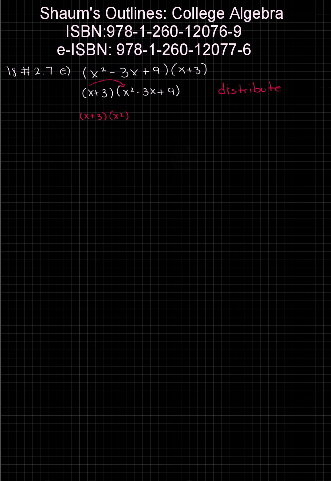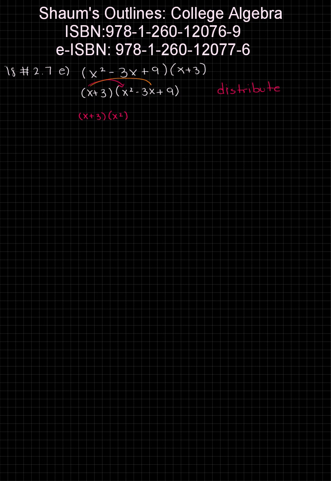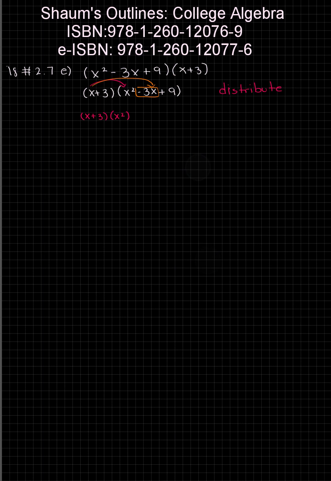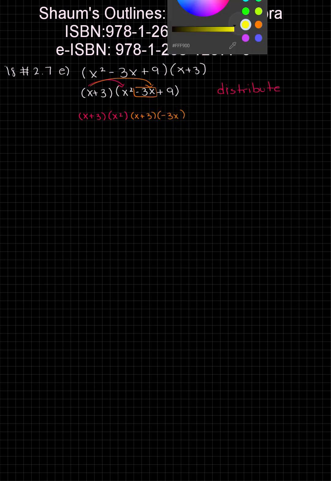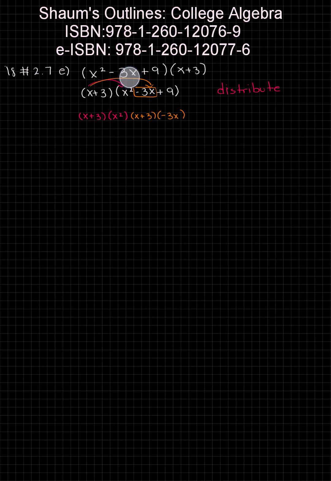Then I'm going to say x plus 3 times negative 3x. I care about the sign. The whole thing matters. x plus 3 times negative 3x. Lastly, I'll have x plus 3 times plus 9. I care about the sign.